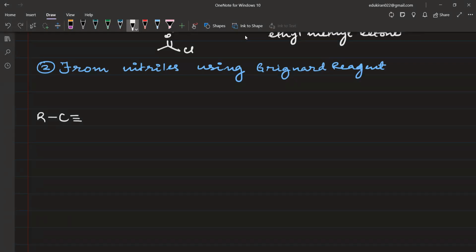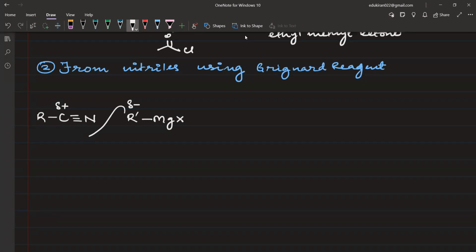R C triple bond N. Now in this nitrile, the carbon atom is connected to nitrogen via multiple bond. That is why it is going to have a very high electrophilicity, a very high delta positive charge here. And you will have R' MgX. In this case, R', the alkyl group of Grignard reagent, is connected with magnesium, which is a very electron donating group because it is a metal. Metal has a tendency to give electrons. So this alkyl group will be having a delta negative charge.